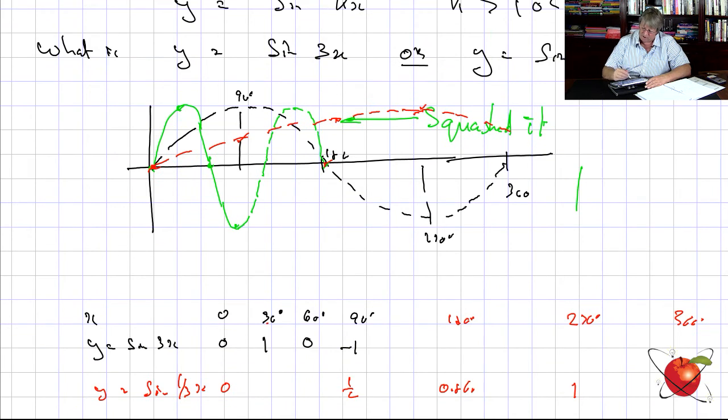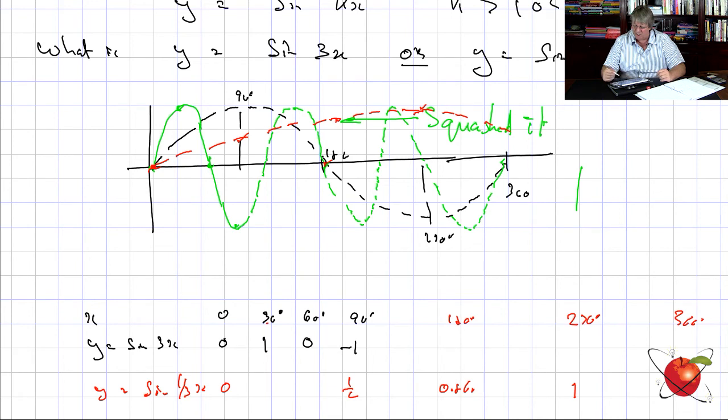If you go back, what does that mean? Well, let's go back to our green graph. Between 180 and there, so up to 90, it's going to go down again, isn't it? And it's going to go down and repeat like this. So you can see we're getting 3 in the one period.